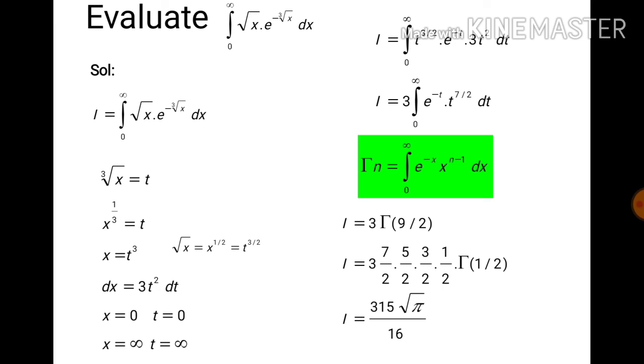I is equal to 3 times the integral from 0 to infinity, with 3 outside. Then, bases being equal, adding the powers, t raised to 3 by 2 into t square means t raised to 7 by 2. Gamma of n is equal to the integral from 0 to infinity of e raised to power minus x, x raised to n minus 1 dx. Then what is the value of n minus 1? N minus 1 is equal to 7 by 2, then n is equal to 9 by 2, so 3 gamma of 9 by 2. Then subtract 1: 7 by 2, subtract 1: 5 by 2, subtract 1: 3 by 2, subtract 1: 1 by 2, gamma of 1 by 2. I is equal to 315 root pi by 16.